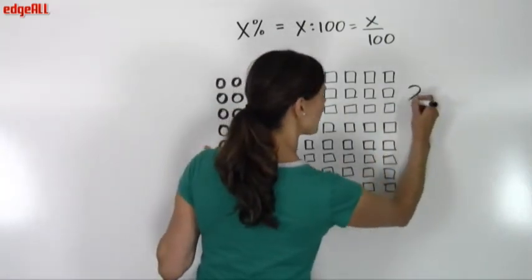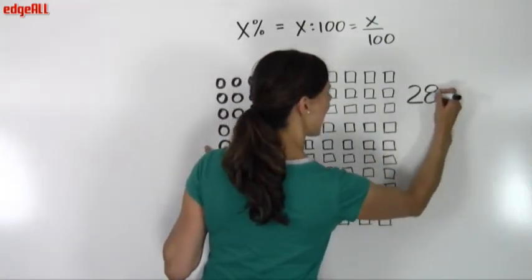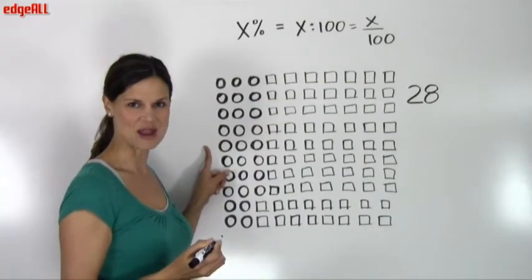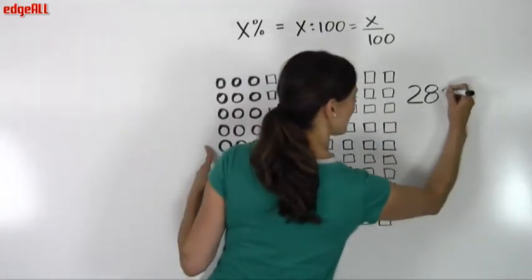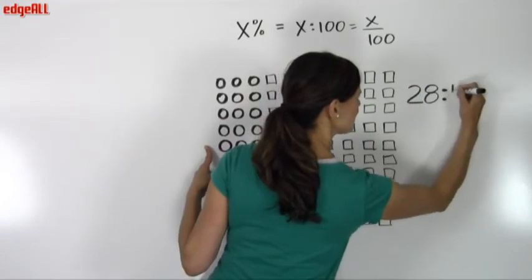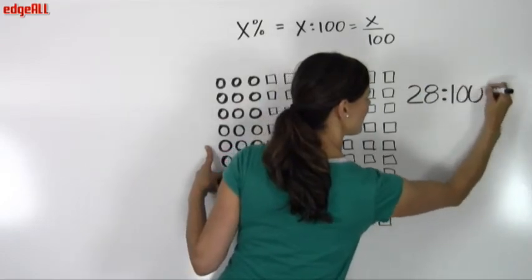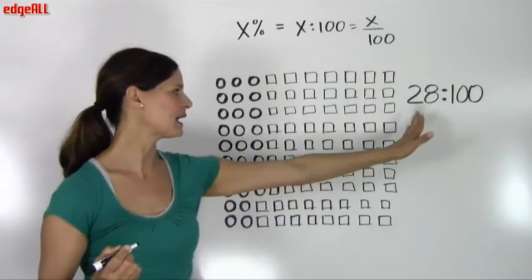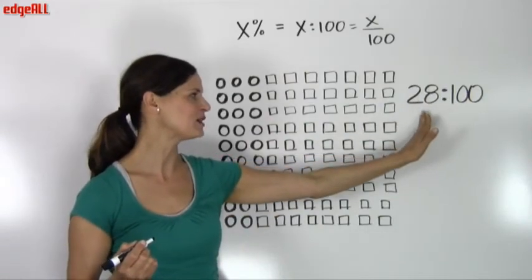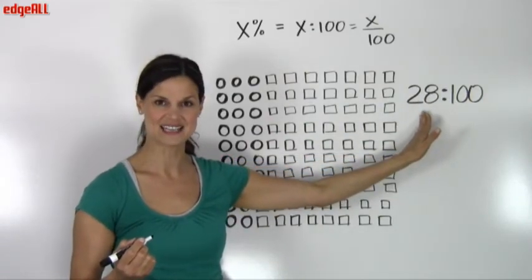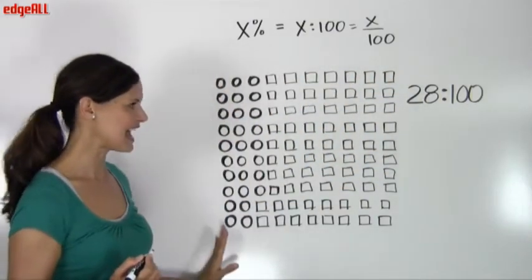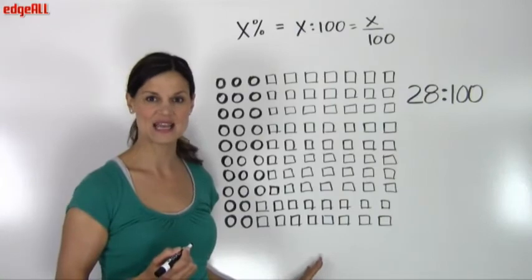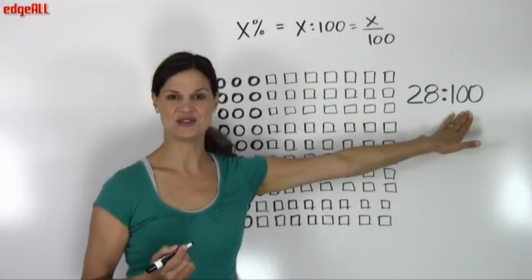And so if we are going to write this as a ratio to compare those two values, I would write 28 as my first quantity of my ratio. That's the total number of circles. And then I'm going to put my ratio symbol, and I'm going to put 100 afterwards. I'm comparing the number of circles, 28, to the total number of shapes that I have here in my set, which is 100.